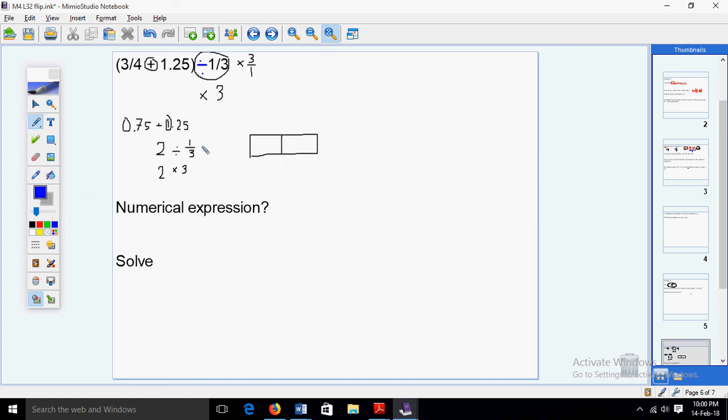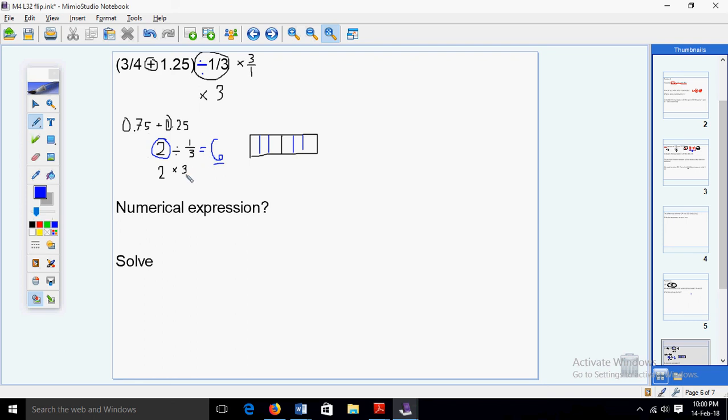There's my 2 wholes, and I'm going to divide each by 1/3. So how many do I have? I have 1, 2, 3, 4, 5, 6 parts. So my answer is 6. The way I like to remember this is if I start with a whole number, my answer is going to be a whole number. If I start with a fraction, my answer will be a fraction.